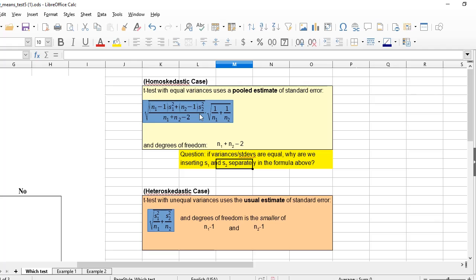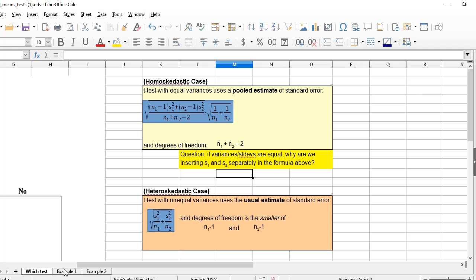Then divide that by the overall degrees of freedom, which is n1 plus n2 minus 2, or for our case, that would be 78. And you'll take the square root of that entire thing. Then you'll multiply that by the square root of 1 divided by n1 plus 1 divided by n2. So it's really not too hard of a formula. It looks a little bit scary, but once you break it down, it becomes a lot easier.